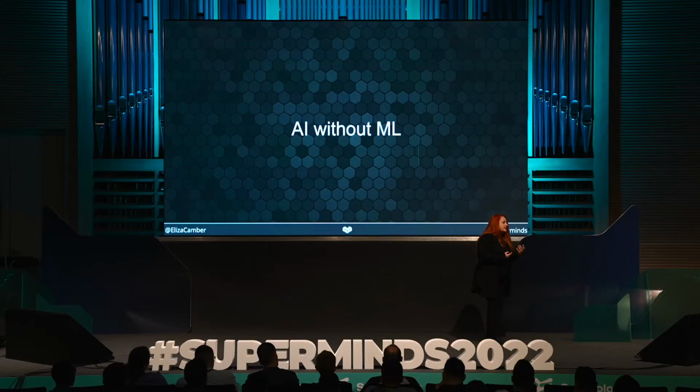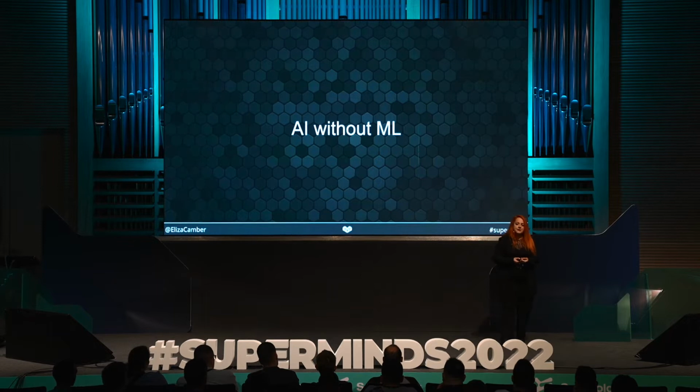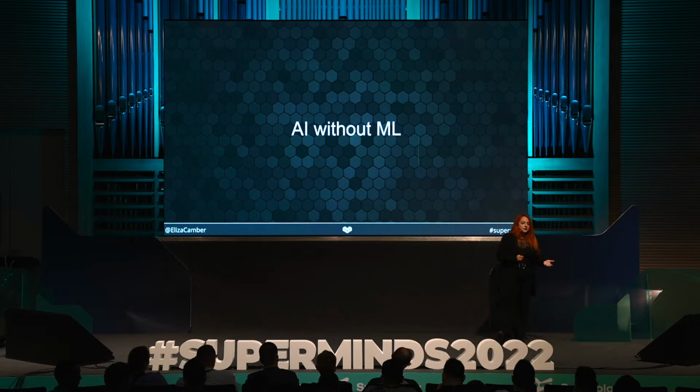But let's see an example of artificial intelligence that doesn't use machine learning. And those are, for instance, chatbots. Chatbots can use machine learning, but they can also not use machine learning. The old chatbots, for instance, were not using any machine learning. It was just rule-based.